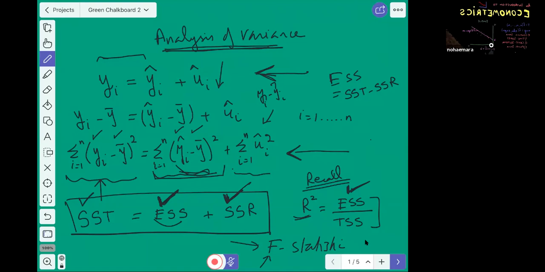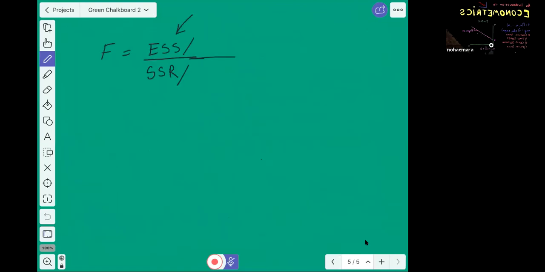For the explained sum squared, how many parameters are you testing, how many parameters do you have in your model? Suppose I have k x's. So my degrees of freedom here would be the number of x's, k.